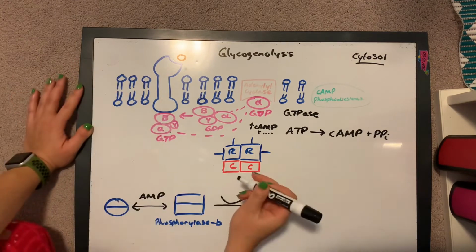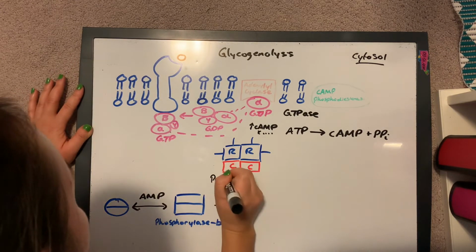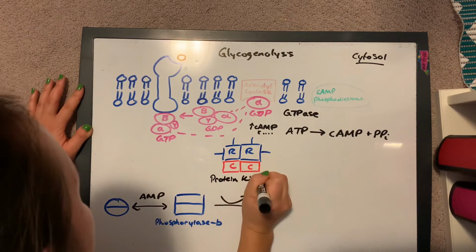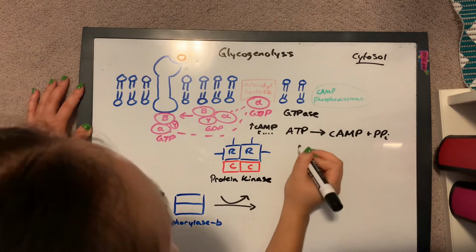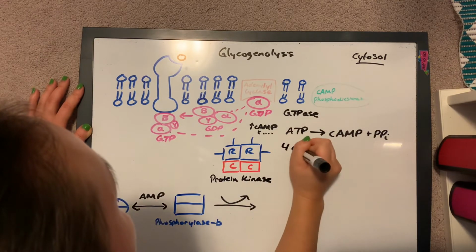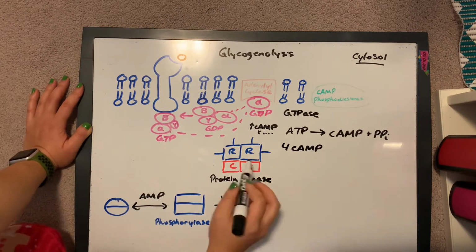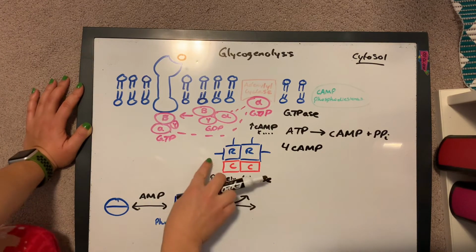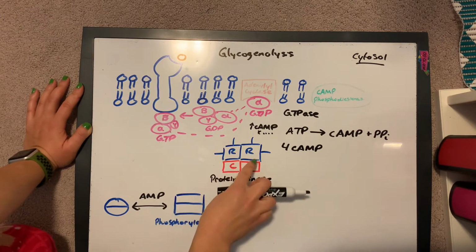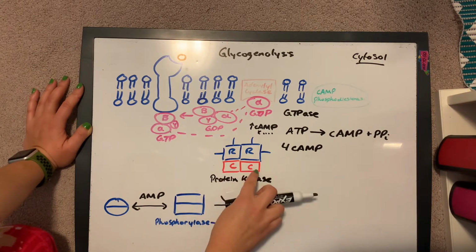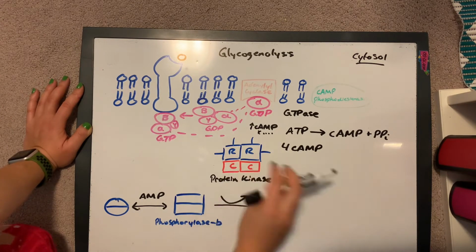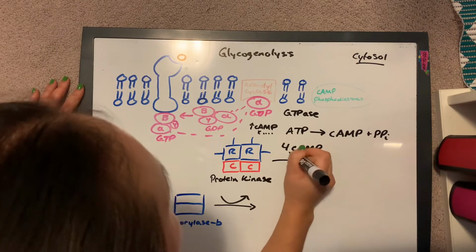It's going to go to our protein kinase. 4 cAMPs are going to bind to this protein kinase. See, it has 4 sites: 2 regulatory sites and 2 catalytic sites. So 1 cyclic AMP for each is going to bind.